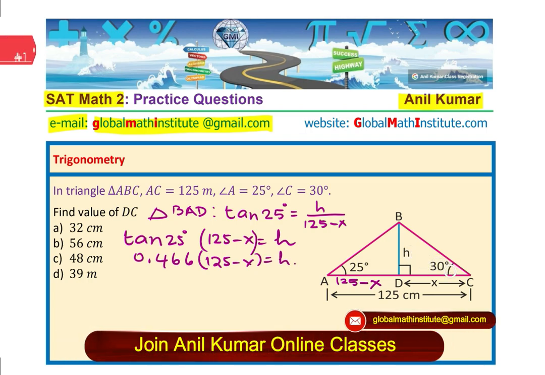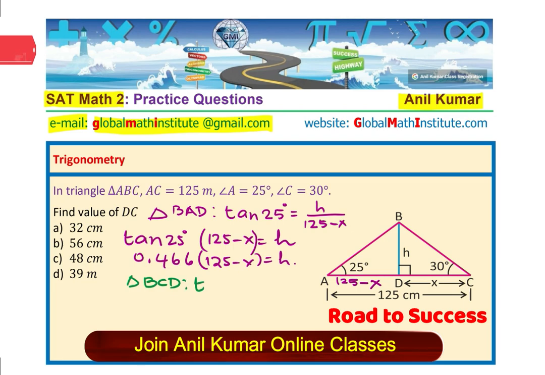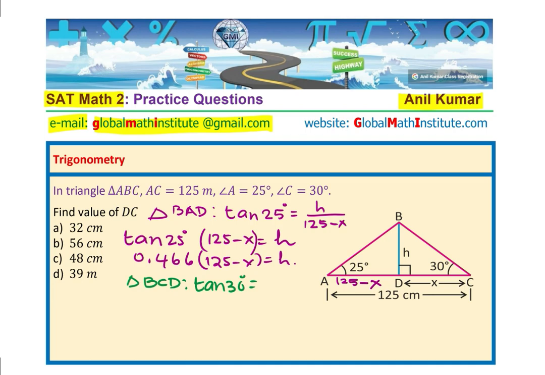The other equation relates to the other triangle, triangle BCD. Tan of 30 degrees can be written as H over X, right? So H equals X times tan 30.